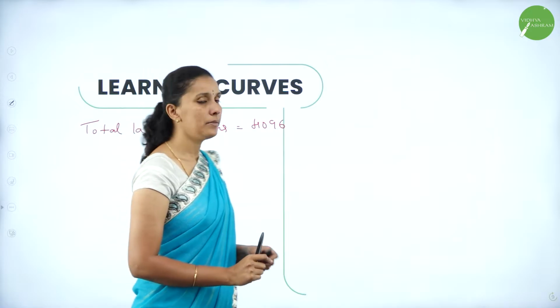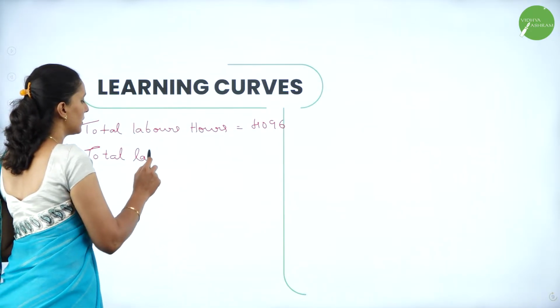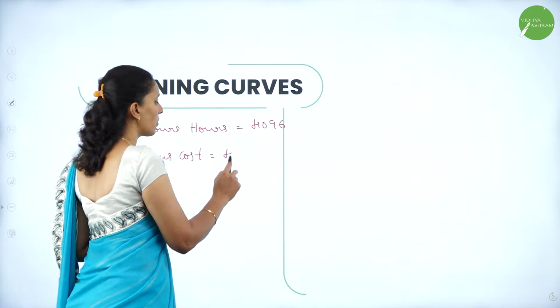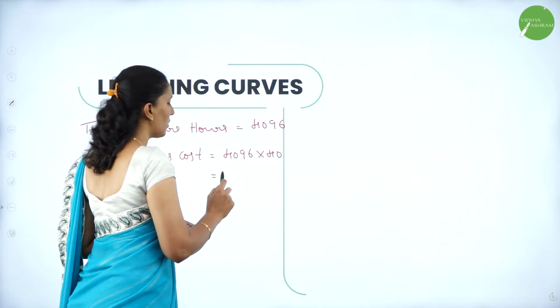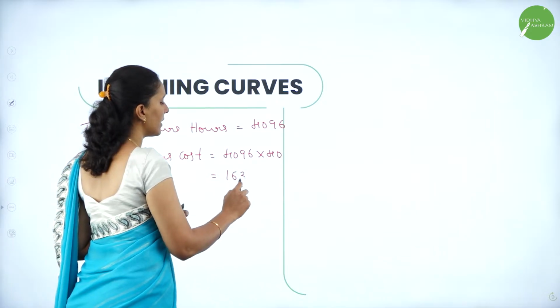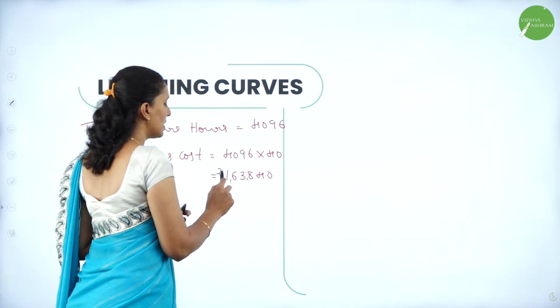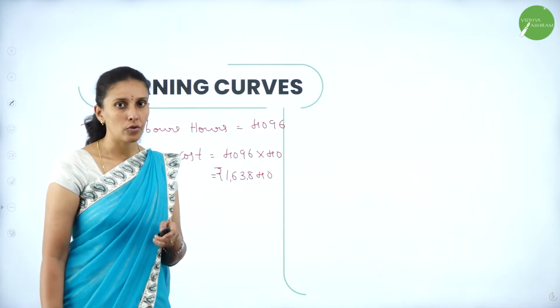Therefore the total labor cost is equal to 4096 into 40, which, when you multiply, is 163,840. So that is 1,63,840 in terms of rupees.